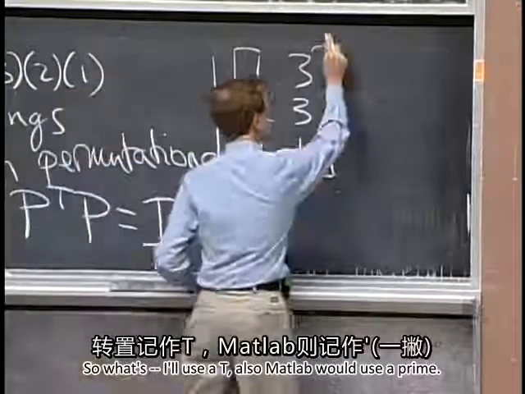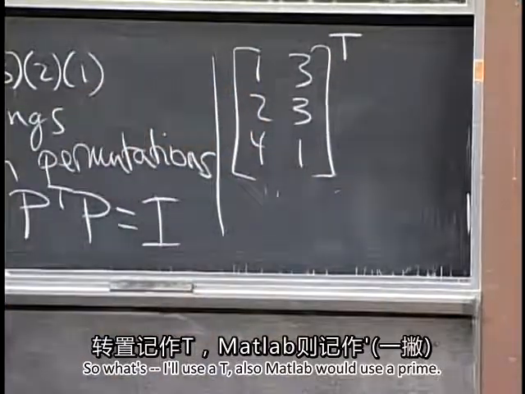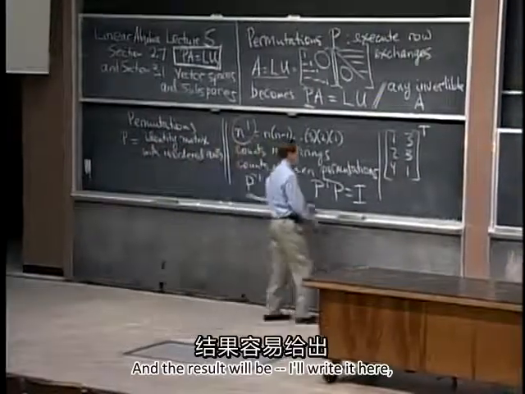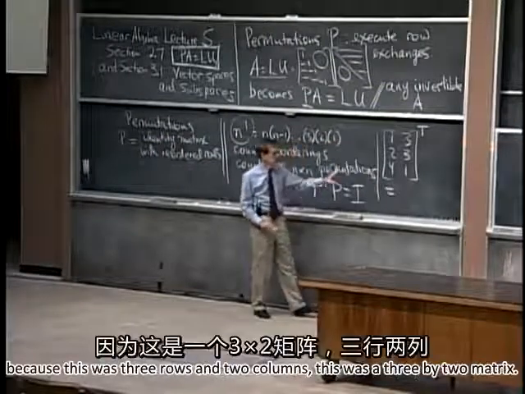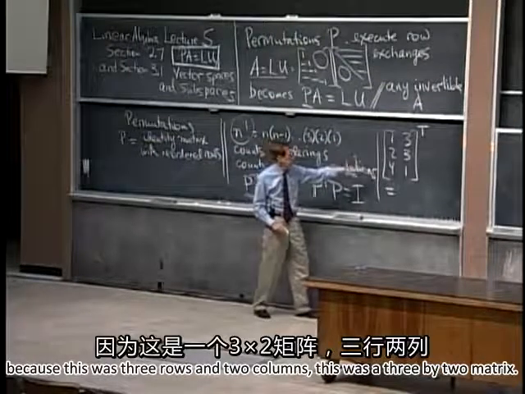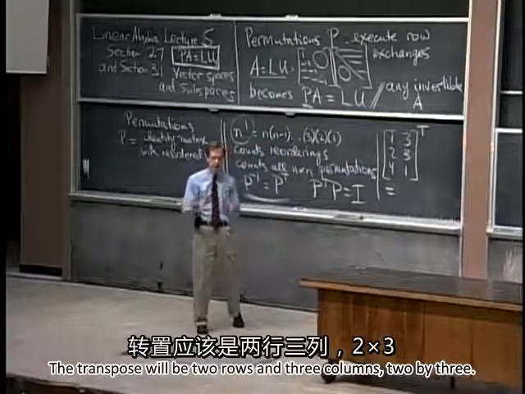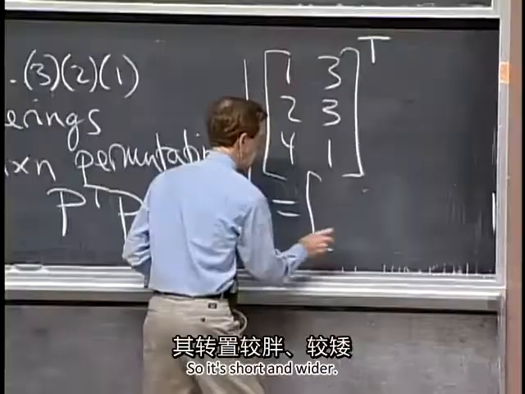So what's its transpose? I'll use a T, although MATLAB would use a prime. And the result will be, I'll write it here, because this was 3 rows and 2 columns, a 3 by 2 matrix. The transpose will be 2 rows and 3 columns, 2 by 3.